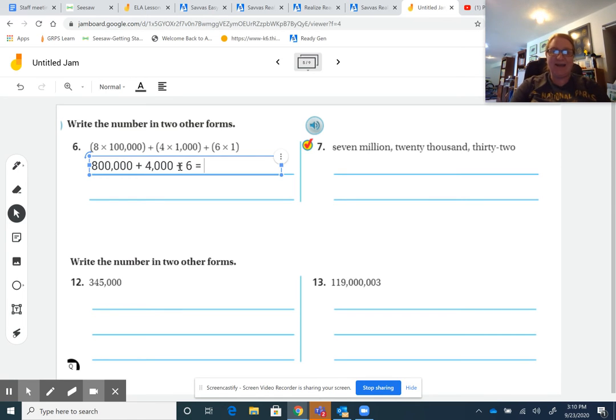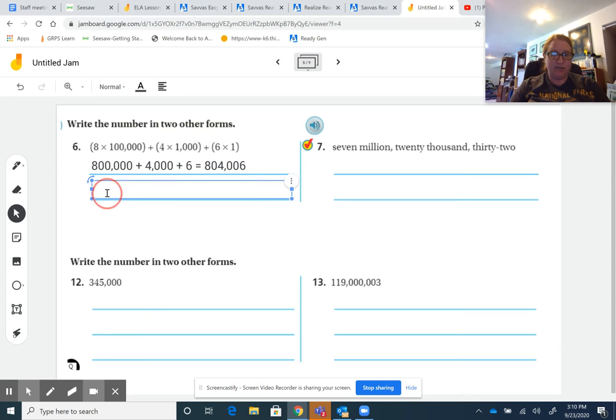So now I can see that's going to equal 804,006. And I want to make sure that my numbers are in the right spots. That's why I like to do the math first, because that way if I end up with some empty spaces, I know that the 0 goes in the empty space.